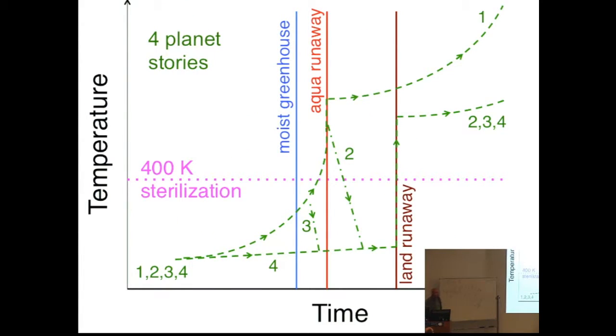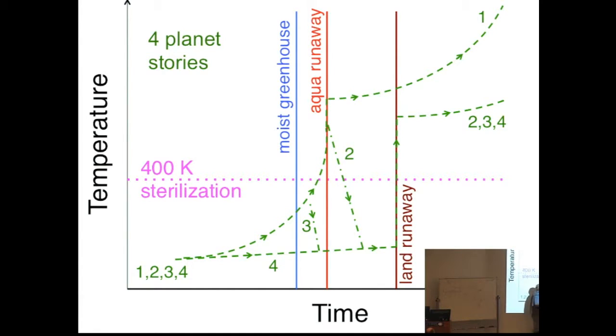There's another picture of these different evolutions. You can imagine they all start off at the same surface temperature. We've got 4 planets, just like Earth, with different amounts of water. Planet 1 has the most water, planet 4 the least. And as they go through these different points, the moist greenhouse effect, you drop out number 3, and it's able to transition into a dry planet. Number 4 always stayed dry.